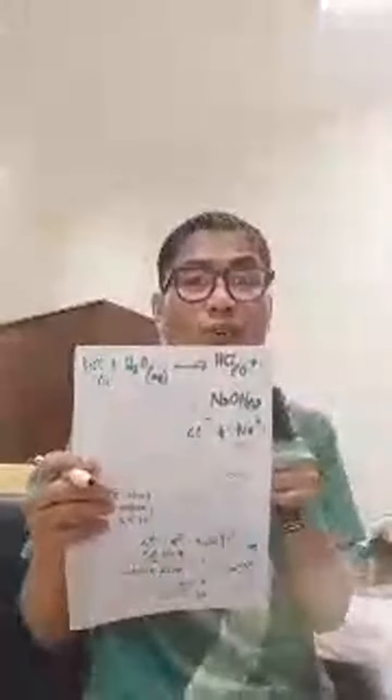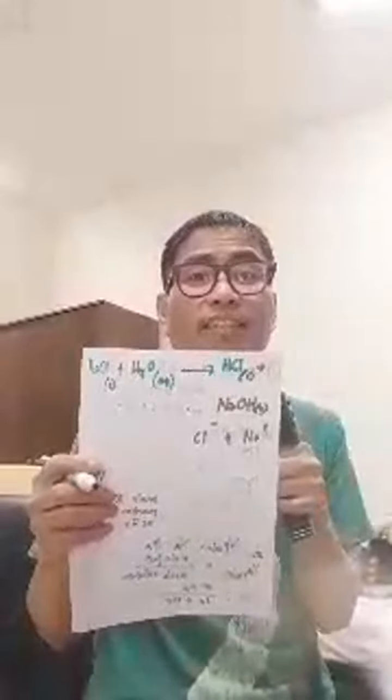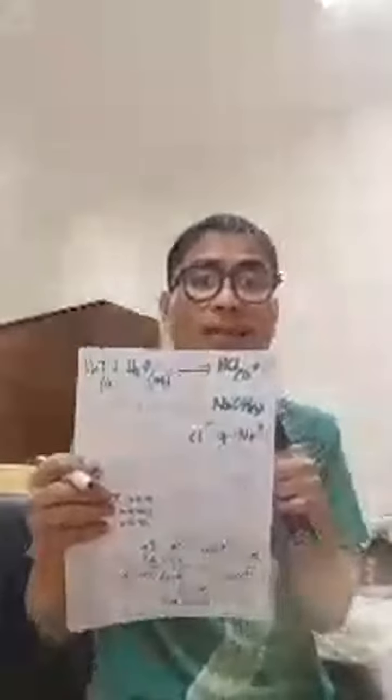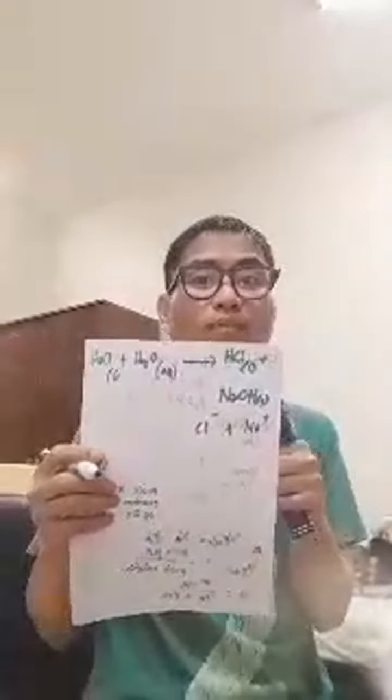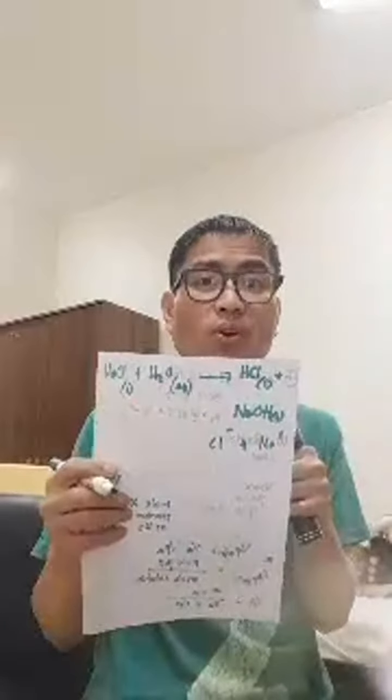So there are two particles, sodium positive and chloride negative. That takes place in HCl, the chloride, and also in sodium hydroxide, the sodium ion, from the hydrolysis reaction of sodium chloride plus water.